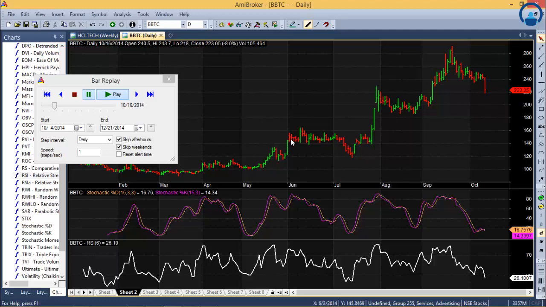You can see BBTC is consistently making higher highs and higher lows. Rising tops and rising bottoms are a characteristic of a trending market. So that means BBTC is in a bull trend.